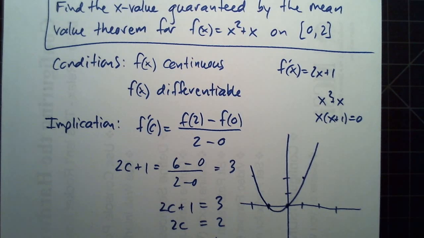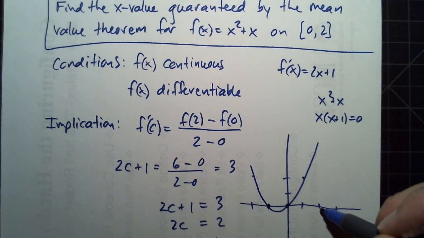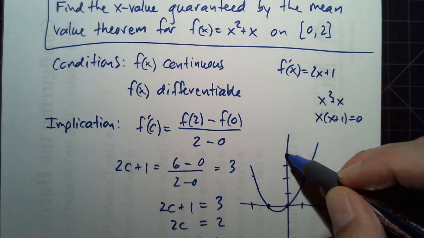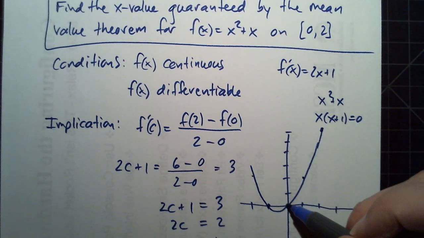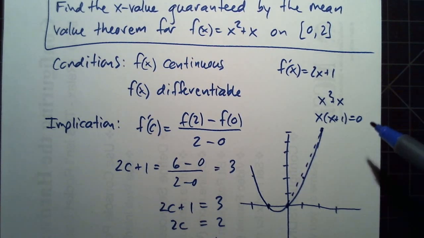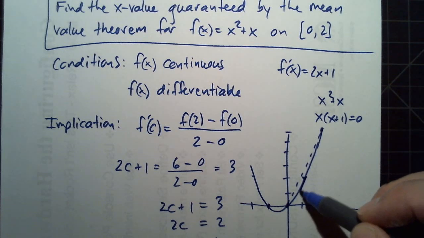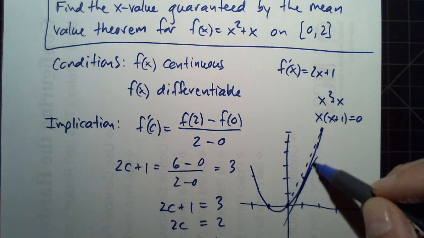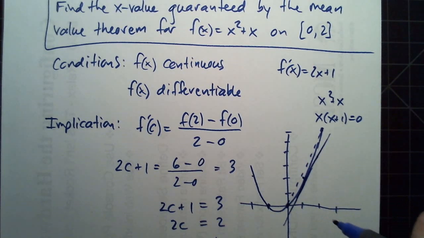And we're saying that at 2 we'll be at 6: 2, 3, 4, 5, 6. Between 0 and 2 we have a secant line. And this is saying that the tangent line at 1 is parallel to the secant line between 0 and 2.